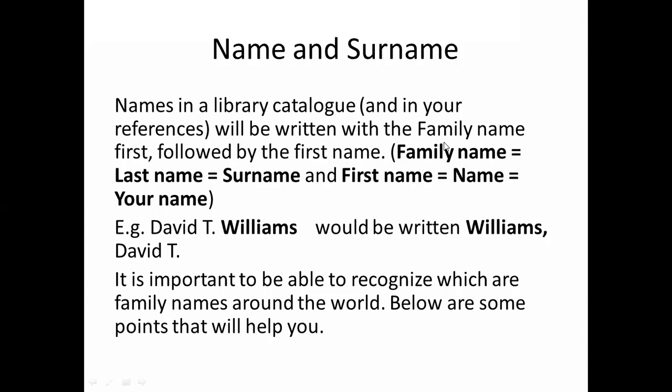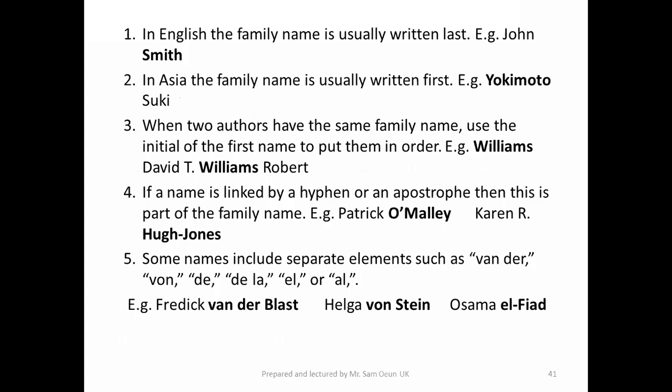We have family name, last name, surname, first name, your name. David T. William. When we're talking about how to write in a library catalog or in a research paper, they will write William, David T. It is important to be able to recognize family names around the world. Below are some points that will help you to understand.